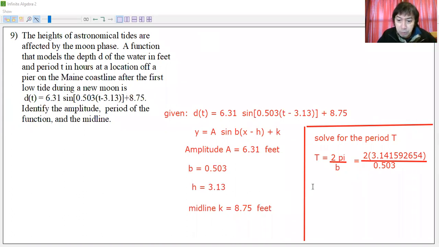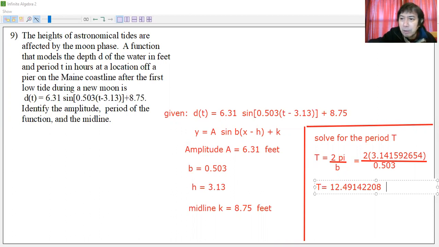How much is that? This will be 2 times pi, and then we divide this by 0.503. And this calculates to 12.49142208. And the time must be in hours, okay?